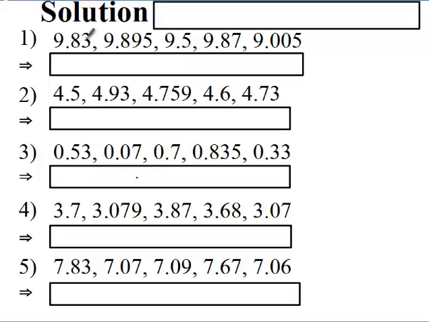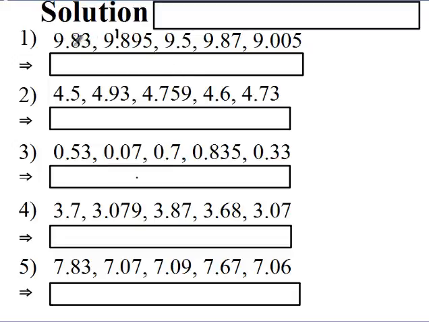So we move on to their 100th column. Here we have 3, 9, and 7. 9 is bigger than 3 and 7. Hence, 9.895 is the biggest number. Let's number that as 1.